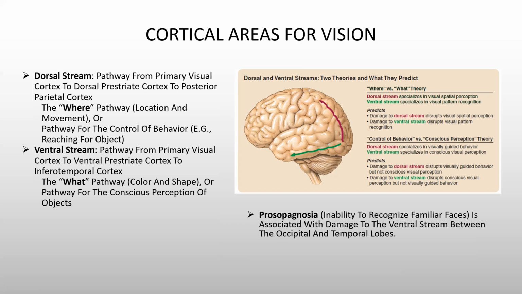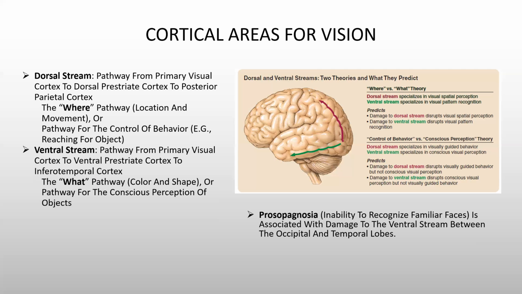You see, that's exactly where it is, posterior to that central sulcus there, where you see the somatosensory cortex just behind that. The where pathway, the dorsal stream, okay, location and movement, or pathway for the control of behavior, reaching for an object. So the dorsal stream, when this information leaves the primary visual cortex, it goes up to the parietal cortex. We think that's the where pathway.